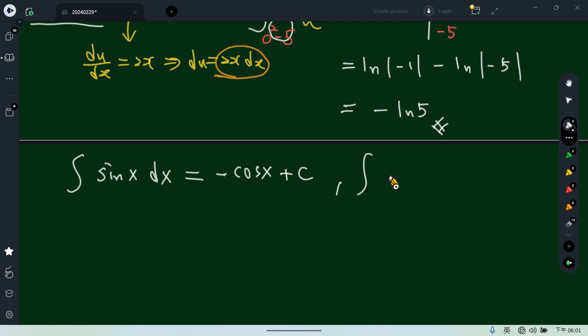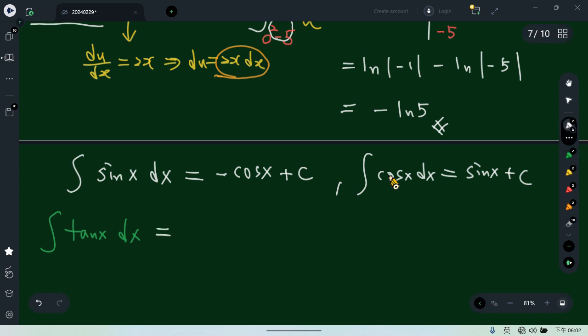We also learned this. What's the result? Sine x plus c. But that's the method. Did we learn the integral of tangent x? No, we didn't learn it. But right now we already have a solution to this problem.